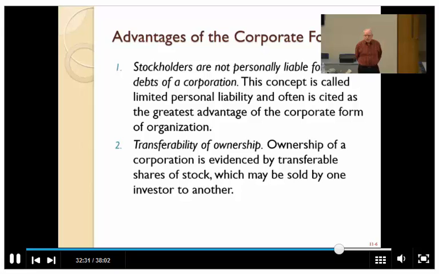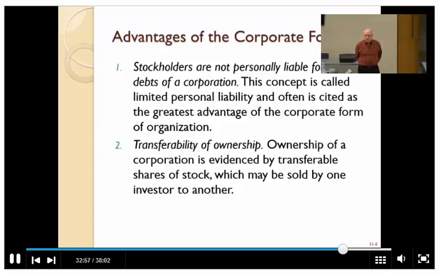Now, you're probably saying, well, you're losing your investment. Why is that an advantage? With a sole proprietorship and a partnership, if those types of organizations are sued, the plaintiff can not only go after the assets of the business, they can go after the personal assets of the sole proprietor and the partners.